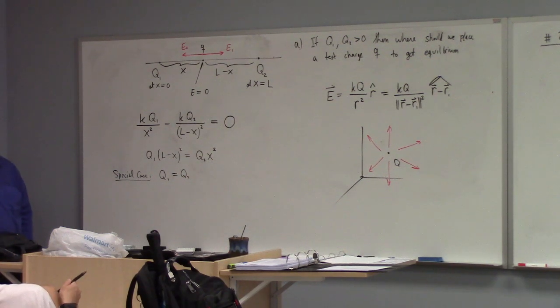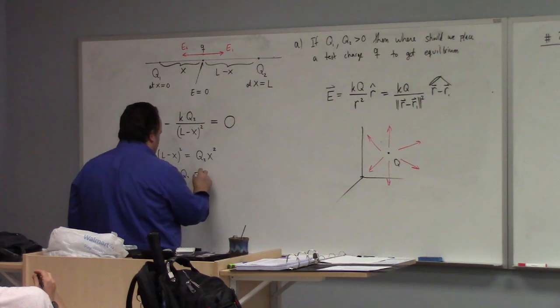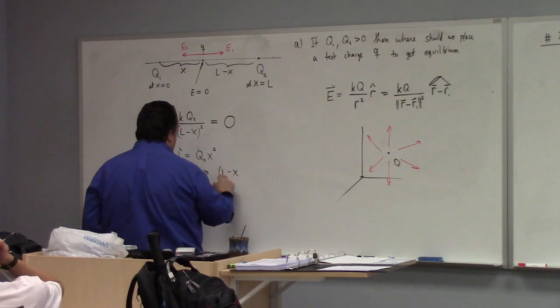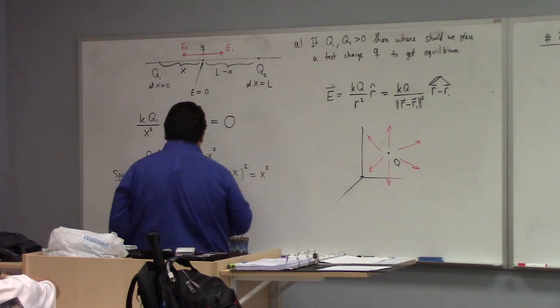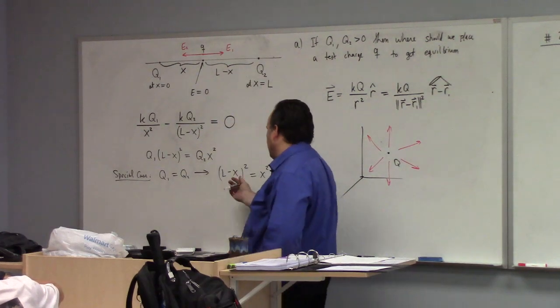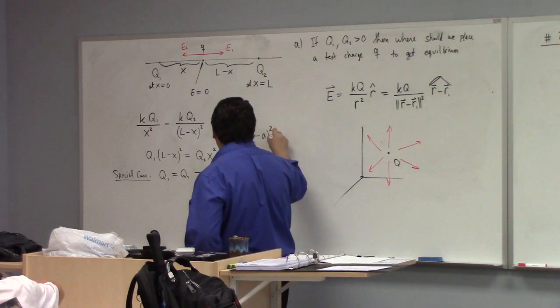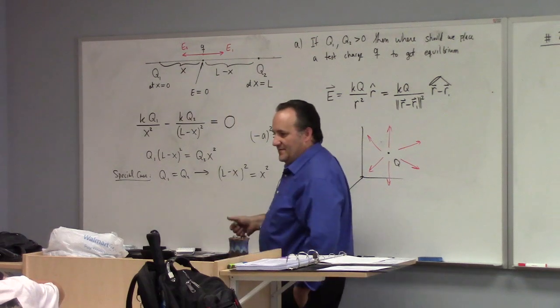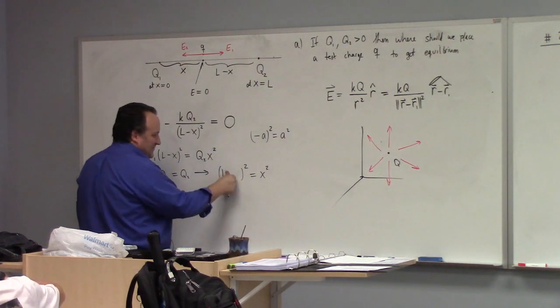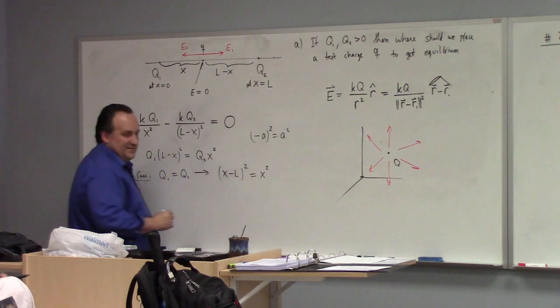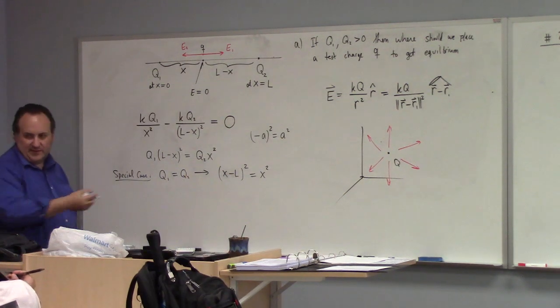If we put Q1 equal to Q2, you already know the answer without doing all this fancy physics. The balance point by symmetry must be in the middle, right? Because where else could it be? But let's work it out. That's (L minus x) squared equal to x squared. By the way, this is a common algebra trick: minus a squared is equal to a squared. I prefer to think of this as x minus L, it's just friendlier for the algebra, because then when I FOIL it out, it's easy.